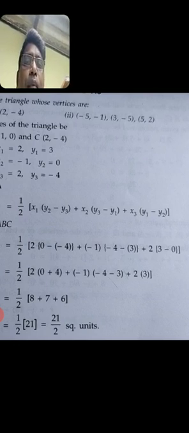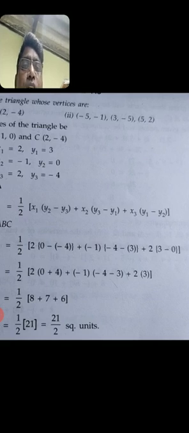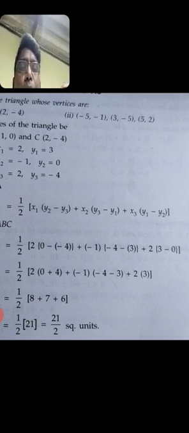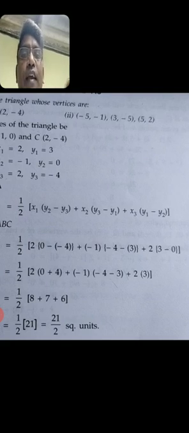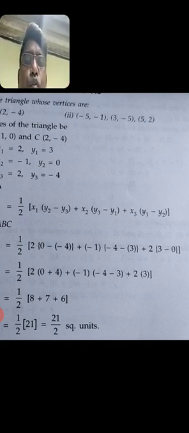And minus 3 minus 4 is minus 7. Both are minus. So 2 fours are 8, and minus into minus is plus. Minus 7 into minus 1 is plus 7, 2 threes are 6. So all become positive. 8, 7 is 15, 6 more is 21. So 21 by 2 means 10.5 square units, or 21 by 2 square units.